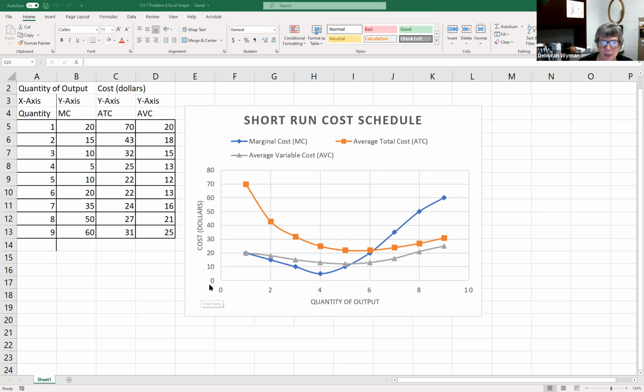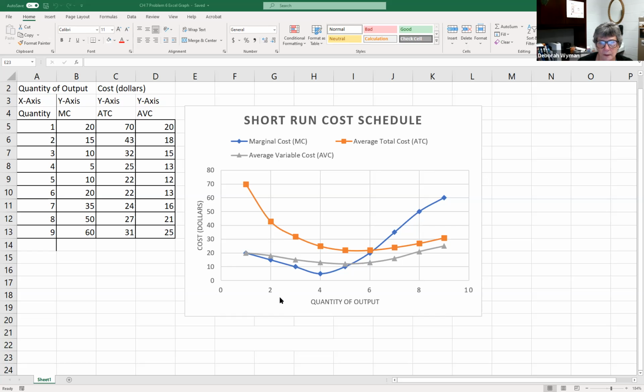And in dollars, we have 0 to 80. The x-axis is the quantity, and then we have 3 plots. The blue plot is the marginal cost.